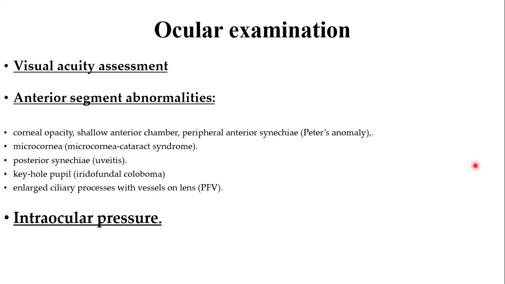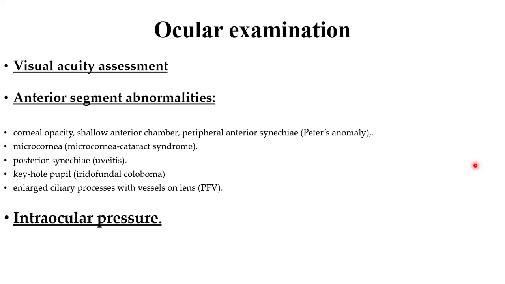Lowe syndrome is one. Rubella. Yes, rubella can cause that. What else? Peters anomaly. Yeah, Peters anomaly. Okay, Peters usually will cause also corneal opacity. But for congenital glaucoma and cataract, one more important cause, anyone can remember?